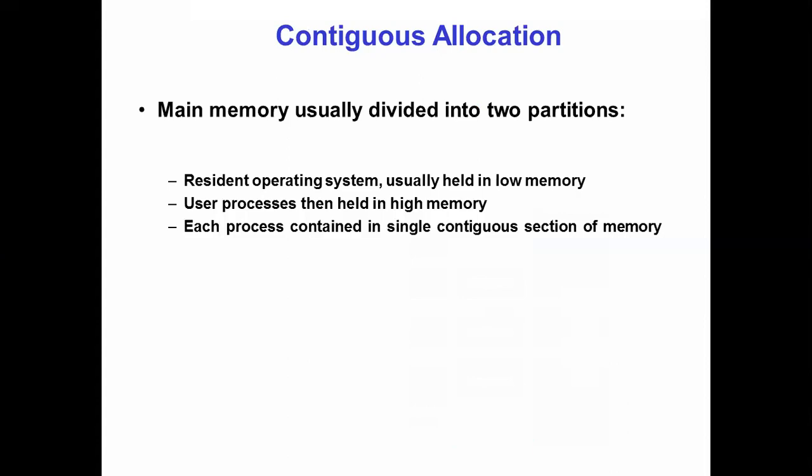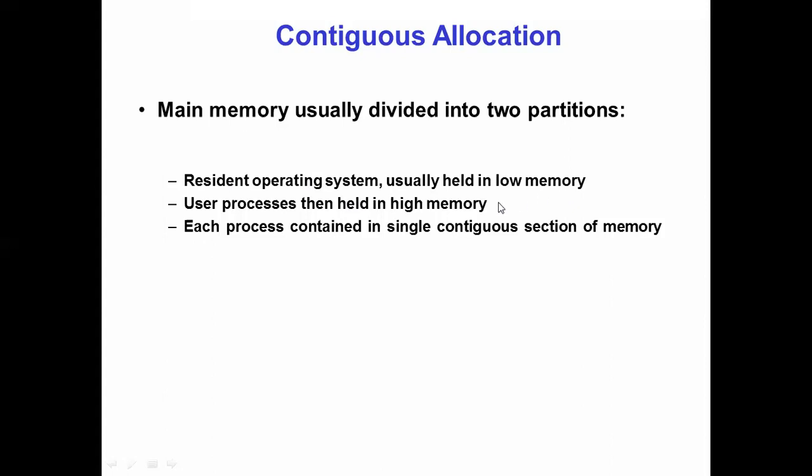Now here you can see contiguous allocation. Main memory is usually divided into two partitions. We are just going to divide it into two parts. This is the main memory, meaning the RAM, random access memory. The resident operating system, as you have already seen in the upper layer, resides here, usually held in low memory.